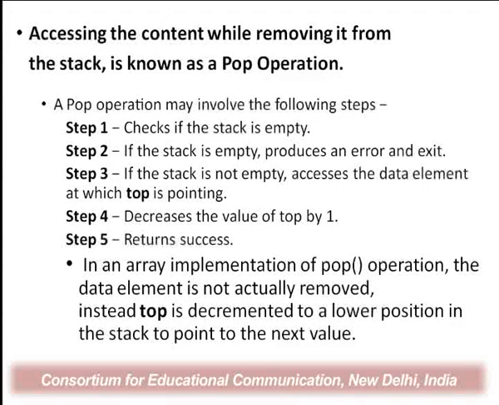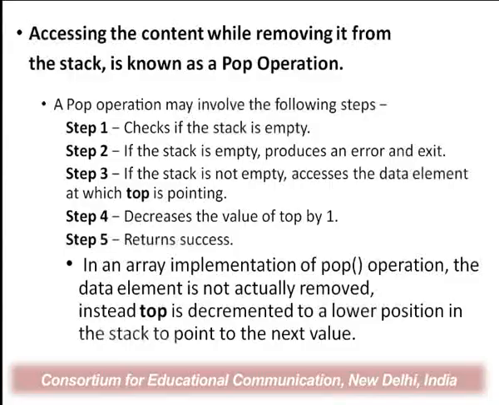We need to access the data element at which the top is pointing presently, and then we decrease the value of top by 1. Again, we need not physically remove the element. We just access that particular data element, return it if required through the pop operation, and then decrease the value of top by 1. If we succeed, a flag will be returned at success.